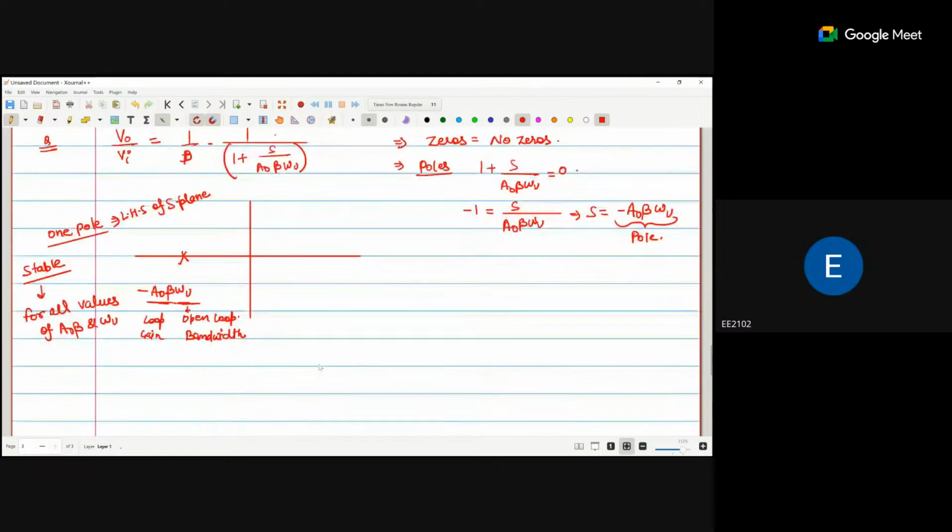I already told you that if it is far away from the j omega axis, that means if this distance is high, we can say it is stable. But if the distance reduces, it may move toward marginally stable.